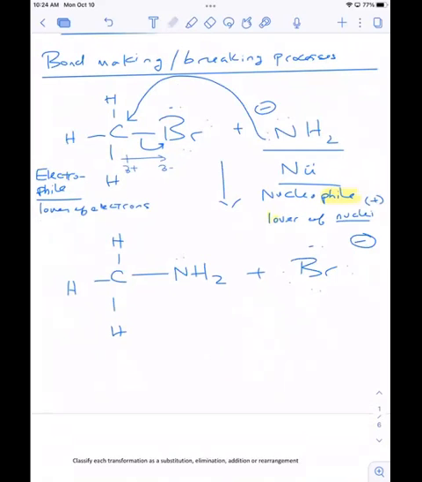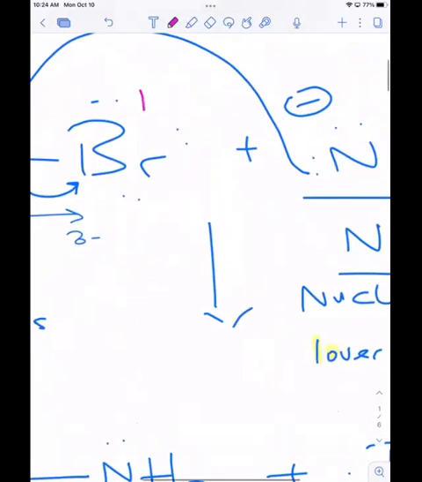Bromine, in this case, is what we call a leaving group. Leaving groups are specific to a certain type of mechanism, substitution and elimination. Both have leaving groups. The bromine is a leaving group.